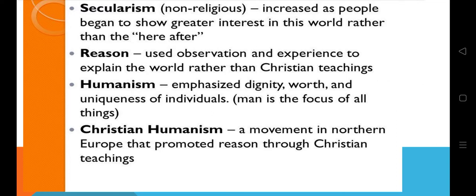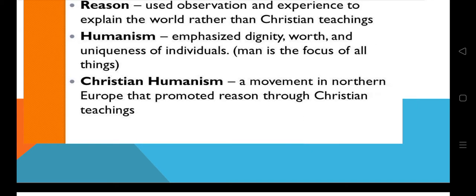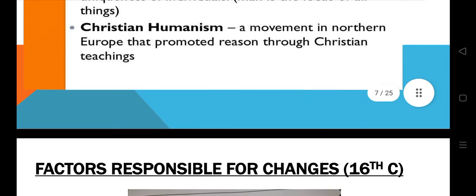And then rationalism enhanced, so people used their observation and experience to explain the world rather than Christian teachings. And humanism was there, emphasis on the dignity, worth, and uniqueness of an individual, which means focus on the individual, that is humanism. And Christian humanism was a movement in North Europe that promoted reason through Christian teachings.